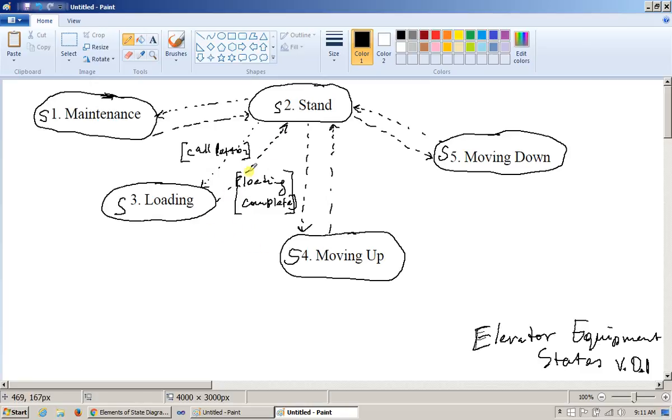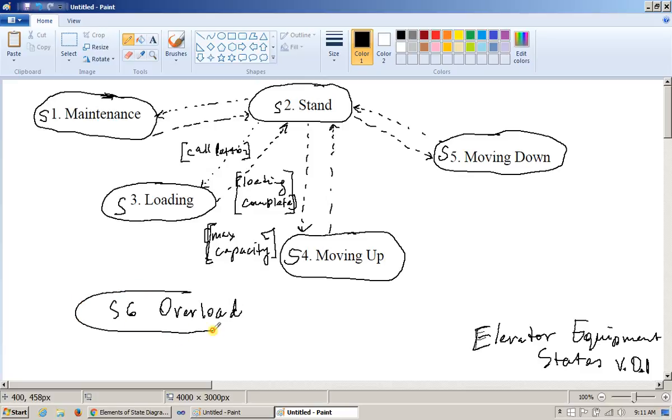Multiple conditions or events could trigger this. For example, maximum capacity, right? The elevator could have its internal weight measure that decides that it's loaded already at capacity. Therefore, it may start beeping, and we could perhaps use a different state here, state 6, overload, right?